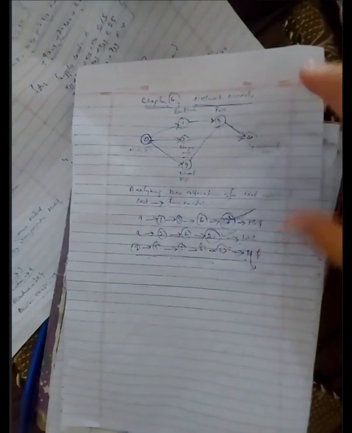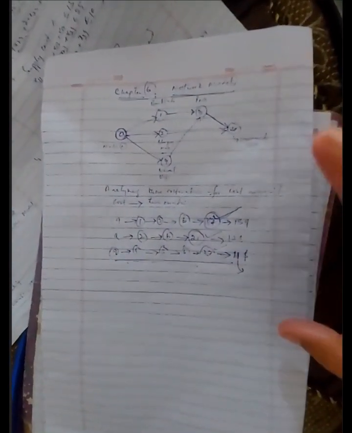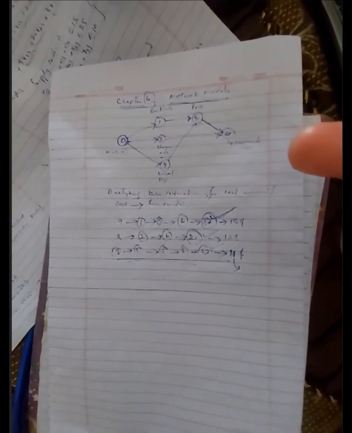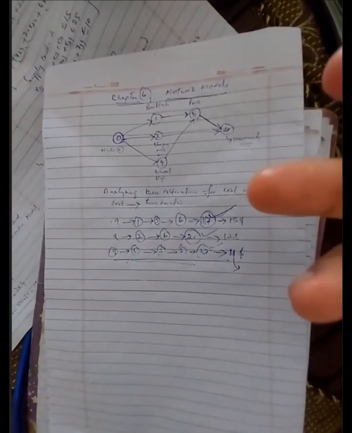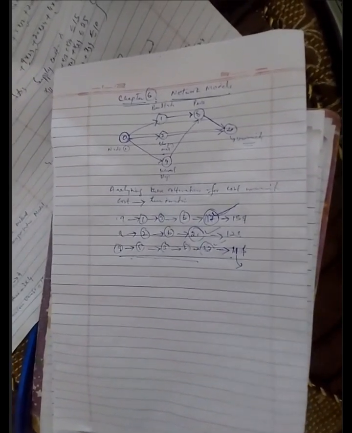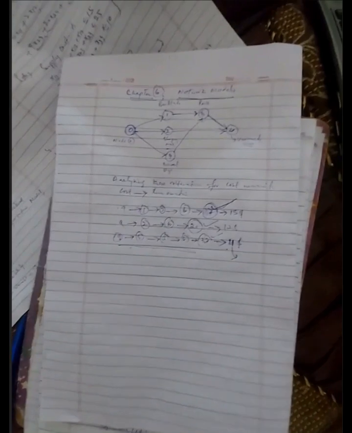And the network model is analyzing the alternatives for minimum cost. The cost may be time, the cost may be dollars, the cost may be the duration of it. So that's how these problems are dealt with.